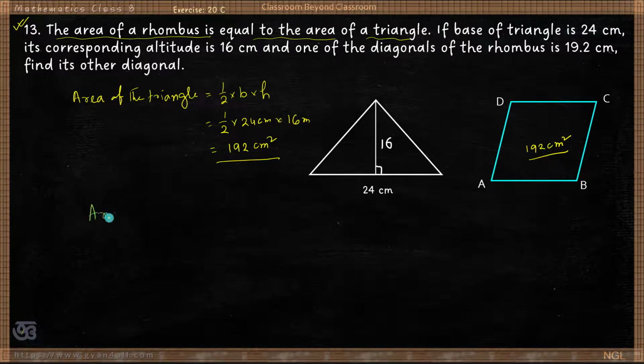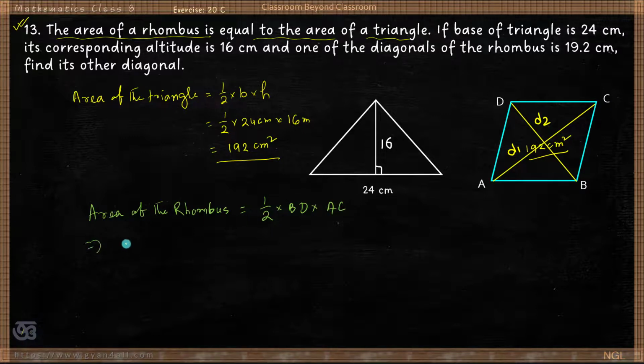So the area of the rhombus is equal to half into the product of the diagonals of the rhombus. The diagonals are AC and BD, D1 and D2 say. So we can write half into diagonal BD multiplied by diagonal AC, and the area of the rhombus is 192 centimeter square, that is equal to the area of the triangle actually.